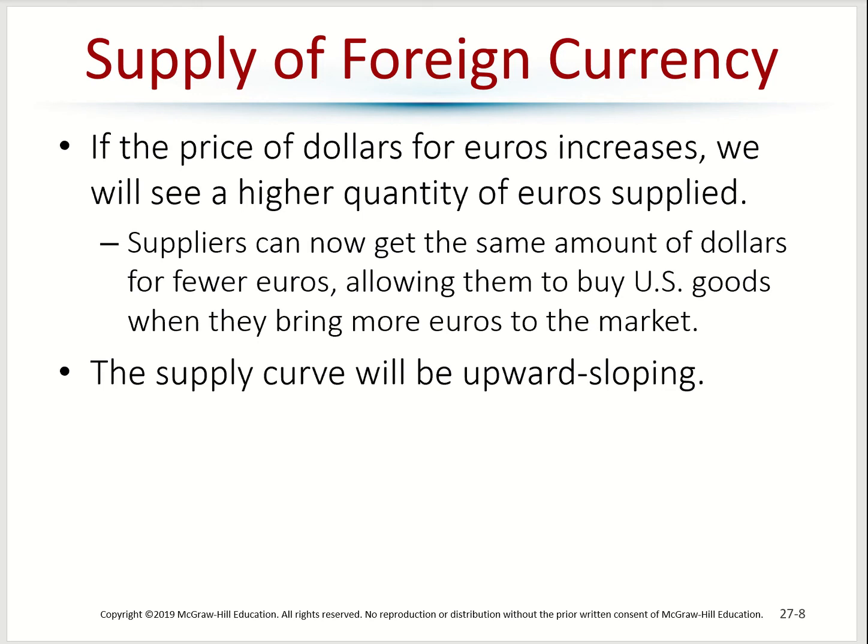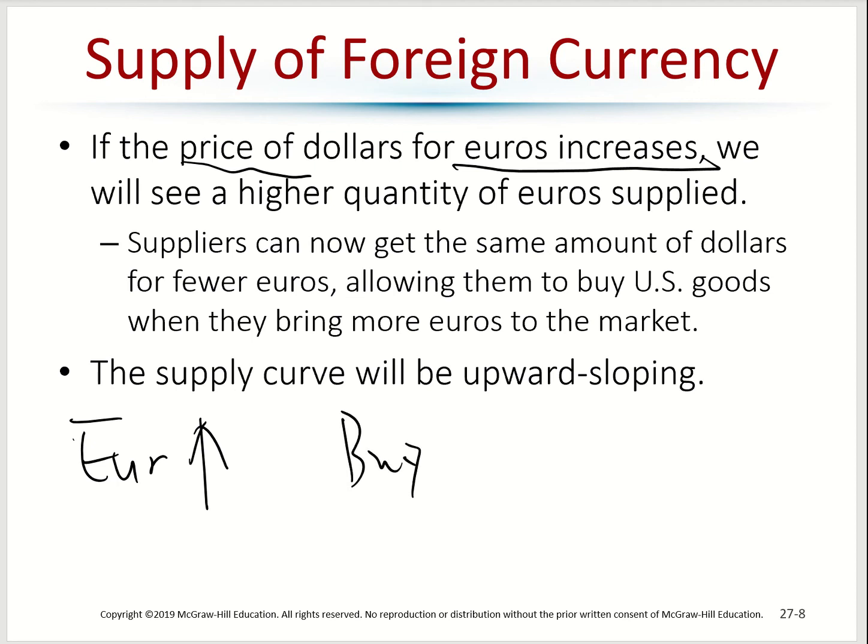So imagine if the price of a euro increases, so euro becomes stronger. Well, for many of the European consumers, that's a good thing, because if their currency is more valuable, that means they can buy more US produced goods, right?